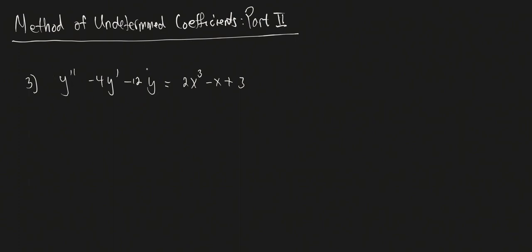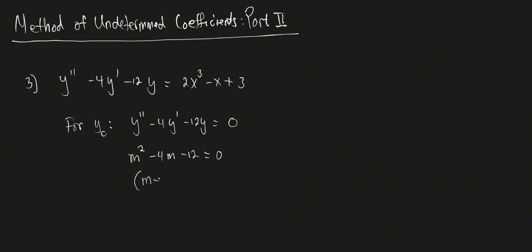for the complementary function, so for y sub c, we have to solve the corresponding homogeneous equation, right? So we first solve it with a 0 on the right-hand side, and this goes back to our auxiliary equation. So m squared minus 4m minus 12 is equal to 0. This factors nicely: m minus 6 times m plus 2.